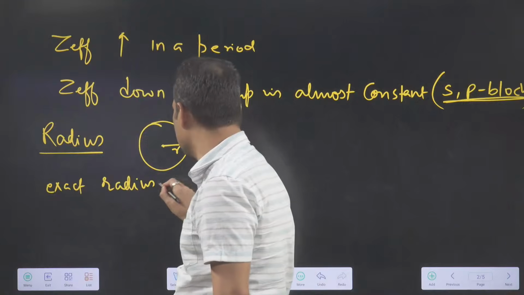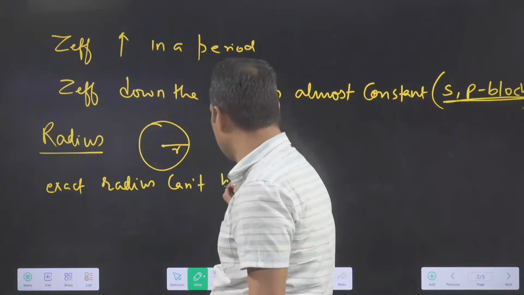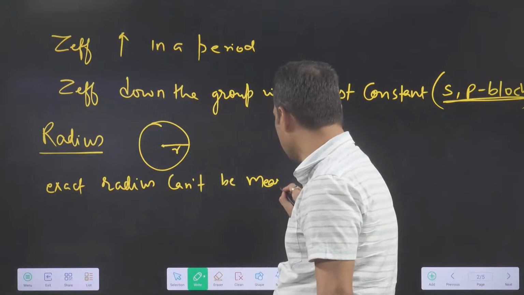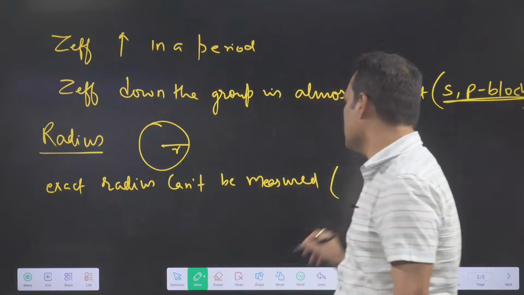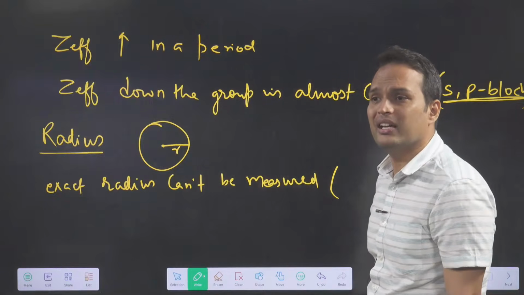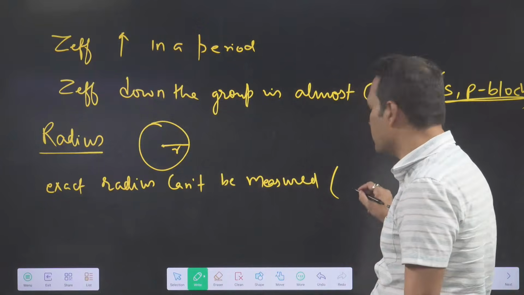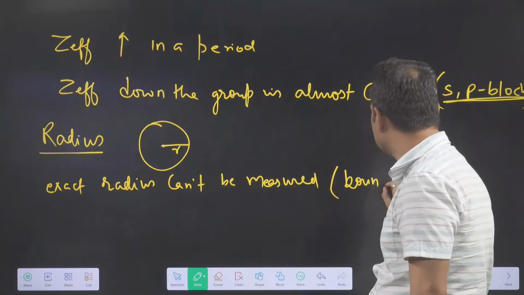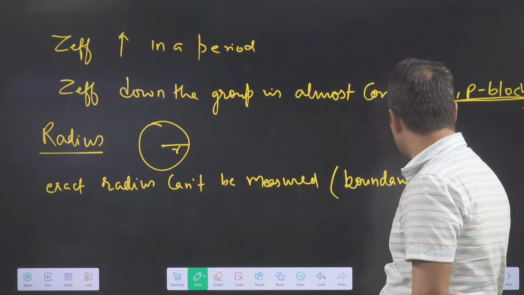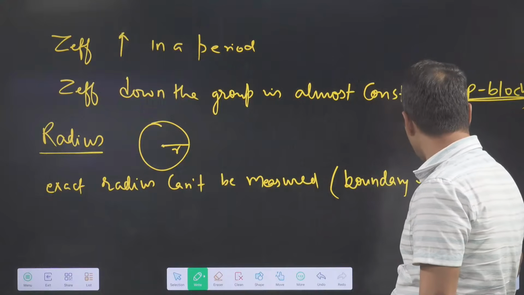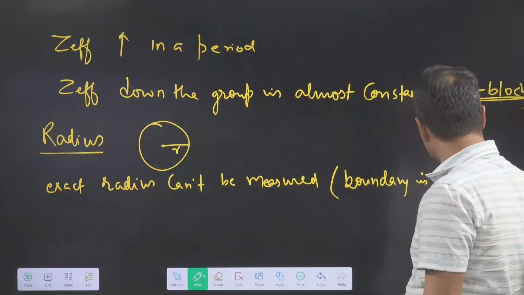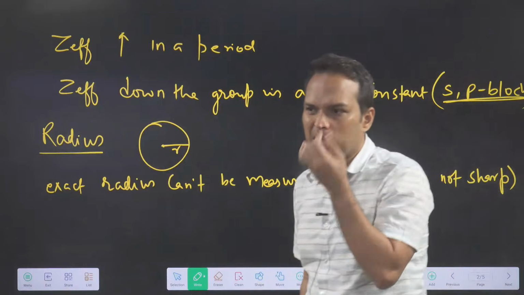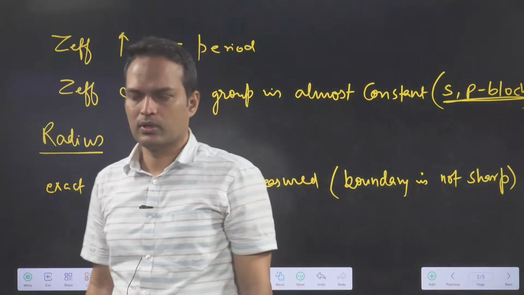Why do they say this? They say exact radius cannot be measured because the boundary is not sharp. Boundary is not sharp.